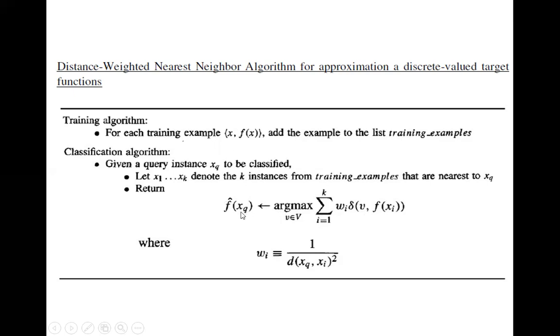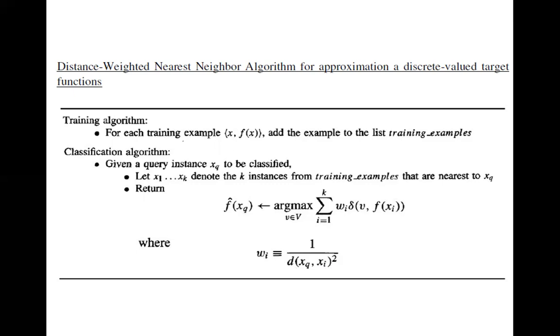Wi is nothing but the inverse of the distance between our query point and the examples x1, x2, x3. So that is the weight. That weight will be multiplied, and the maximum value among all those 4 or 5 examples is returned as f of xq. So this is the distance weighted nearest neighbor algorithm.